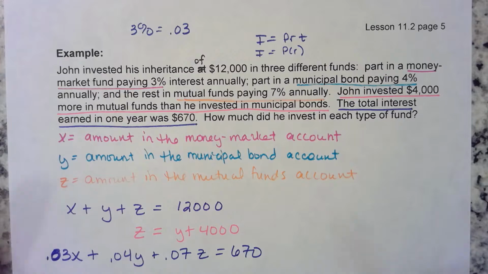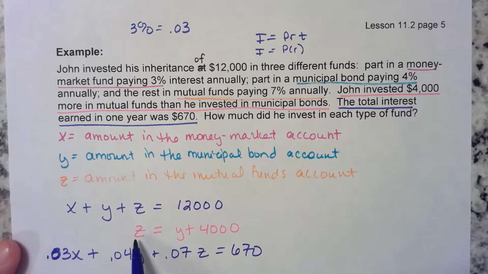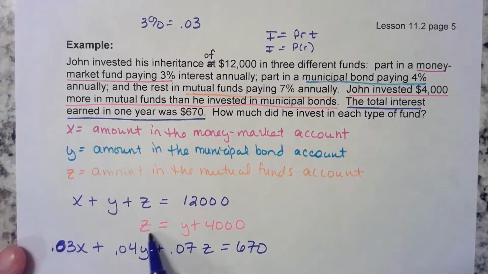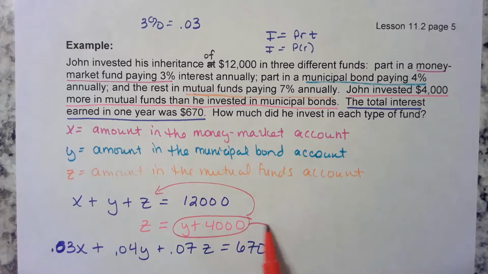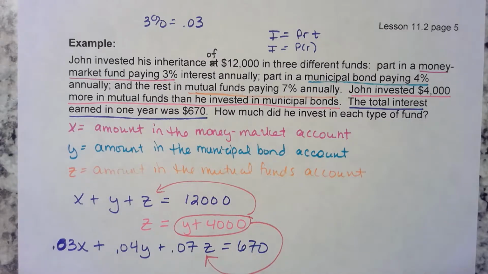If you notice, we have Z solved for. So what we could do is take this Z and plug it into both equations where the Z is and see what happens.